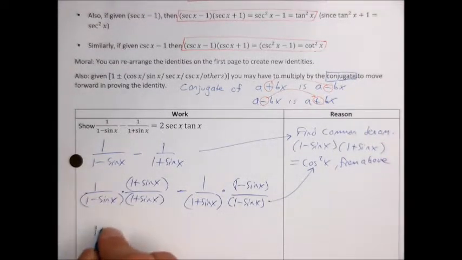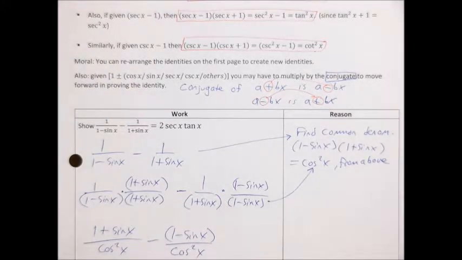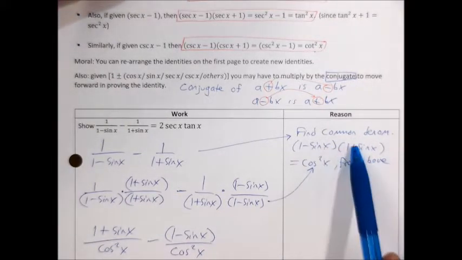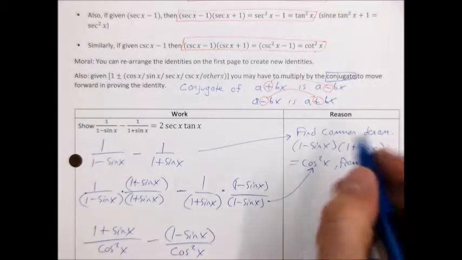So we'd have 1 plus sine over cosine squared minus 1 minus sine over cosine squared. Let me pause there. Let you think about that for a second. All we did was try to find the common denominator, and then we used the fact that when we multiply those things together, we get cosine squared. That's what we've done so far.